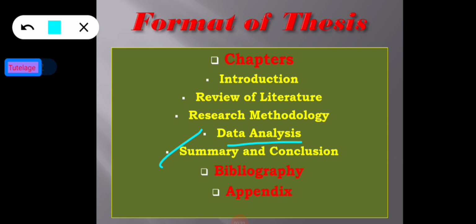The next section is the bibliography, and the last section is the appendix. Do you know, learner, what we mean by a bibliography? In the bibliography, all sources which have been consulted are mentioned.